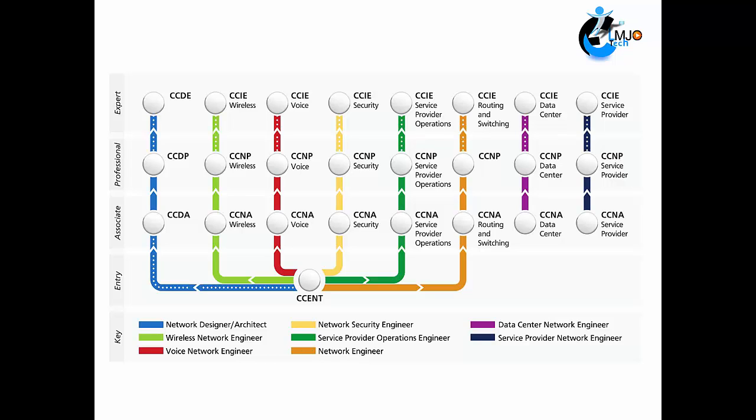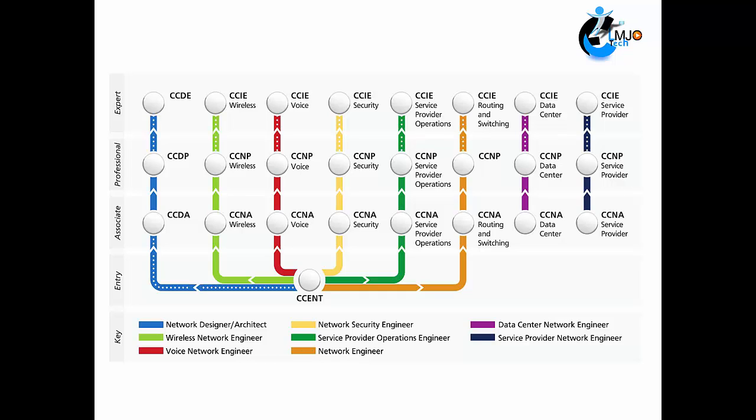And at the end we have got CCNA service provider, CCNP service provider, and CCIE service provider. These certifications are for you if you are an ISP, internet service provider, or if you want to work with an ISP, or if you are working for an organization that wants you to do a service provider job. One of the protocols that we will study is BGP, Border Gateway Protocol.